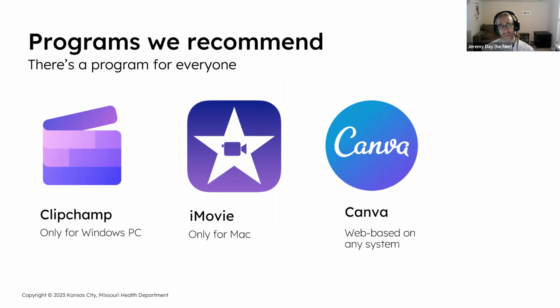For Macs, there's iMovie. They have that on every device, iPhone, iPad, and desktop. And it's very robust and has a lot of capabilities. However, if you don't want to use that, or if you don't like Clipchamp, there's also Canva that is great, especially for just adding content to clips.